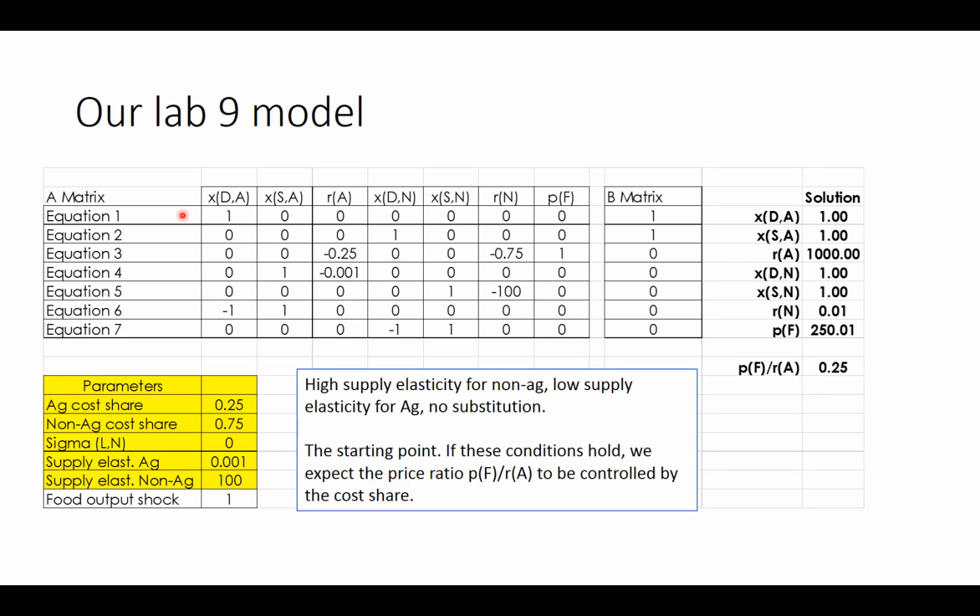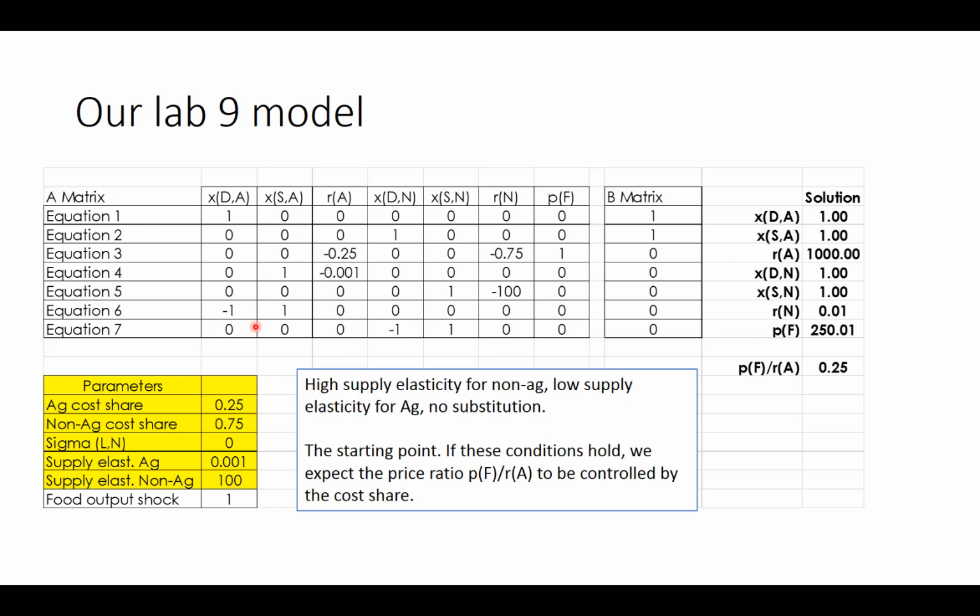Okay, let's look at our Lab 9 model, and I'll pull up the spreadsheet that you are given in a second. There's going to be a little bit of a change. Instead of just having these three parameters for the ag cost share, the non-ag cost share, and sigma, you also have a handout that you can read to get the changes to the names.